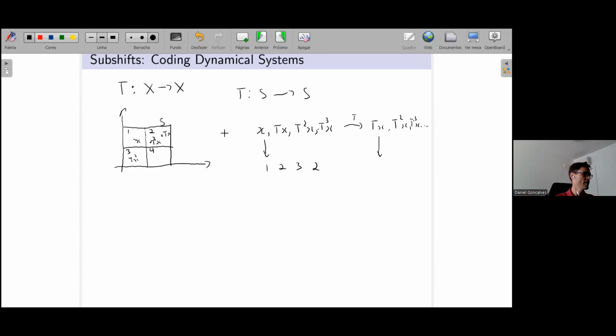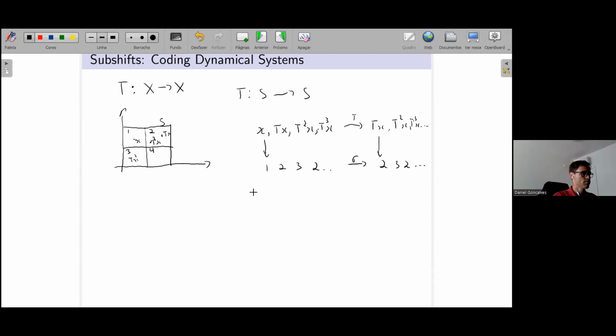I start on T of X, so this little square 2. So 2, 3, 2, and so on. What I did here, I just erased the first entry. So this is just a shift map, that's what we call the shift map. We're just erasing the first entry, and we are coding the dynamics of this map T.